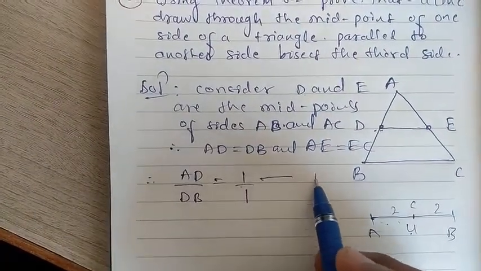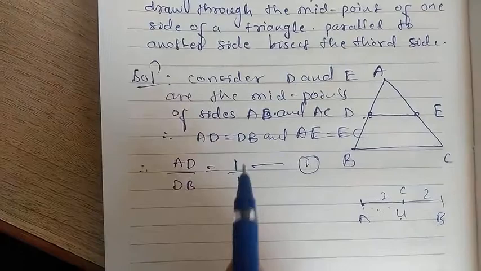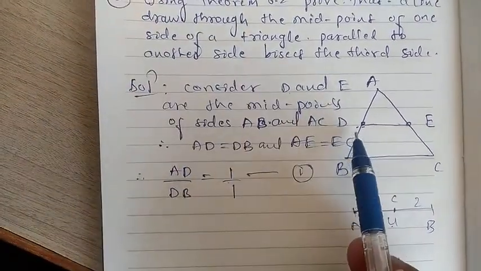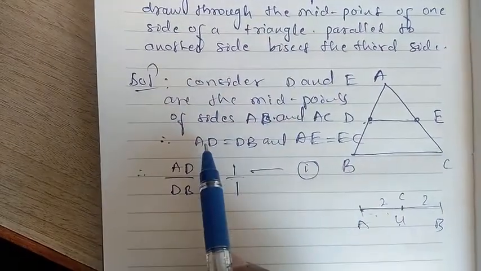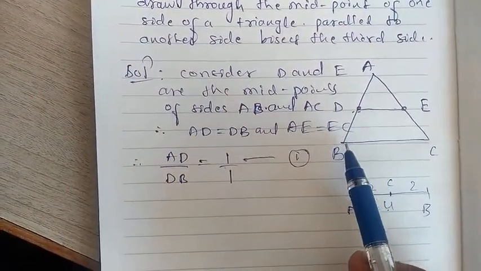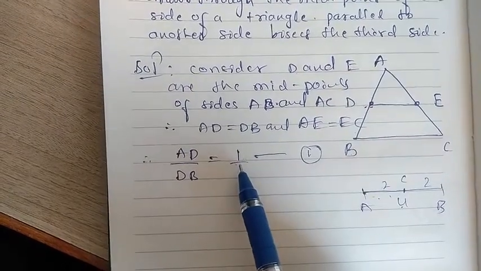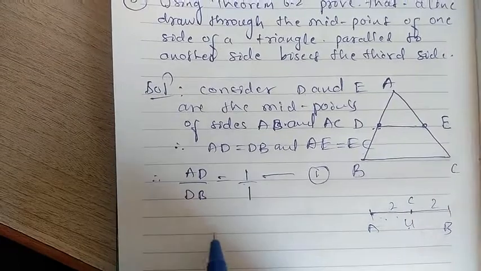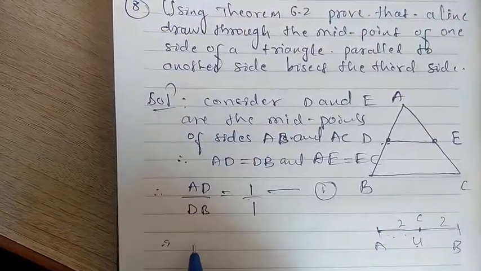Call this equation 1. Why can you take 1 by 1? Because in AD divided by DB, D is the midpoint, so these two sides are equal. AD is equal to DB because D is the midpoint of AB. So you can write any number, 1 by 1, 2 by 2, 3 by 3, etc.